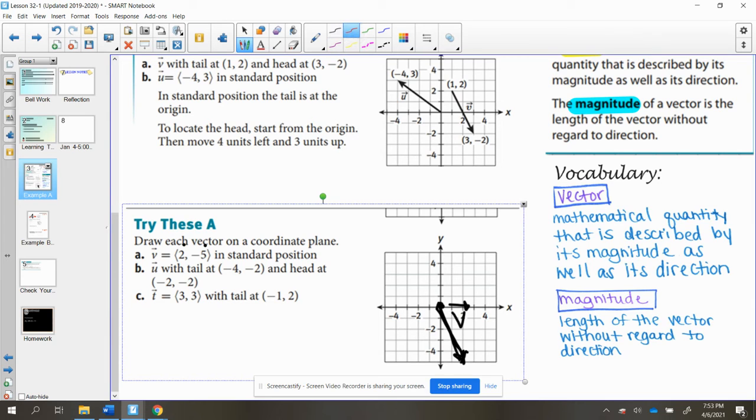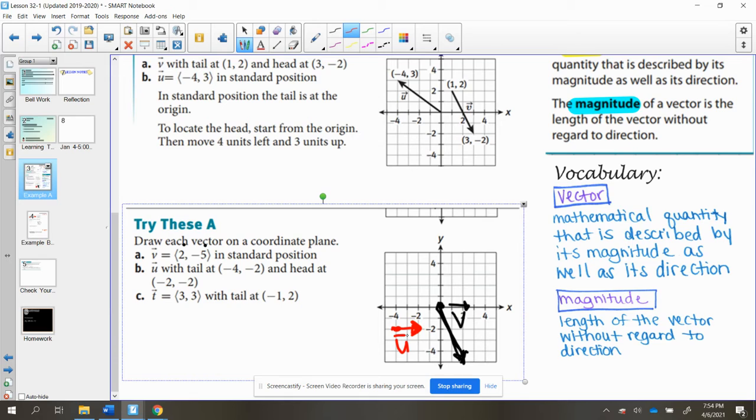Now part B is asking us to draw a vector with a tail at -4, -2, and the head at -2, -2. So that would be here. And again, since it's a vector, we have to show the direction, so we draw in our arrow there.